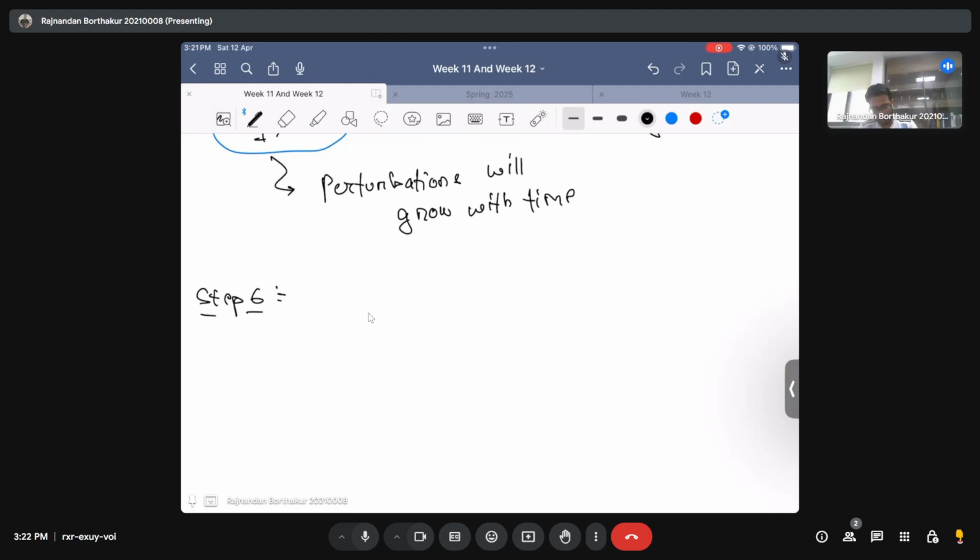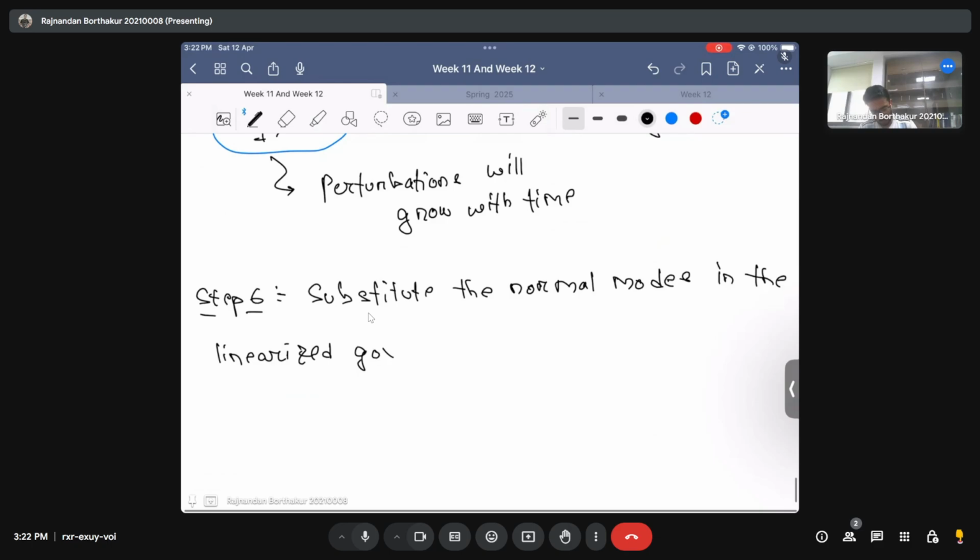What we need to do is substitute the normal modes into the linearized governing equations for disturbances.